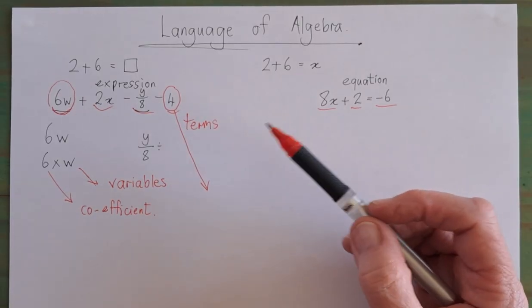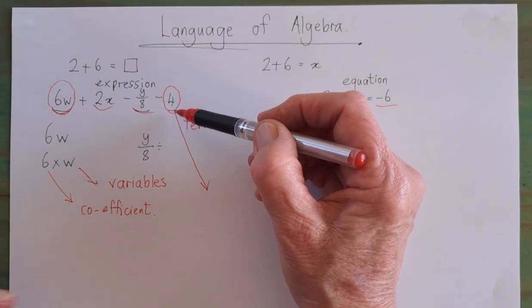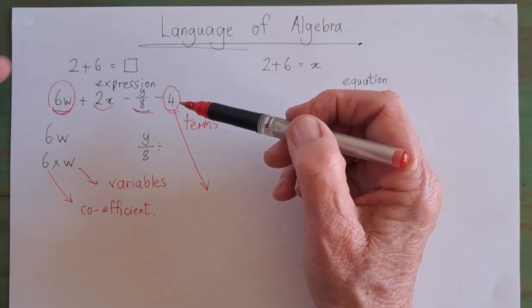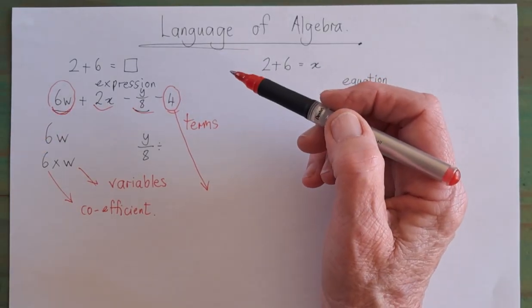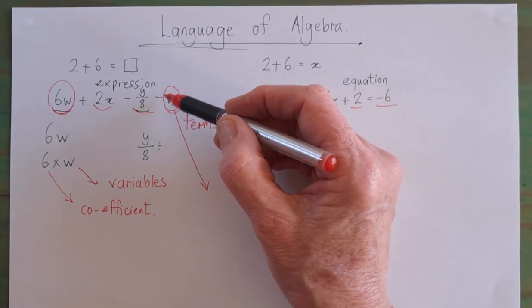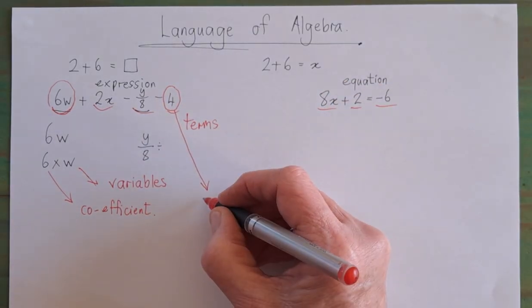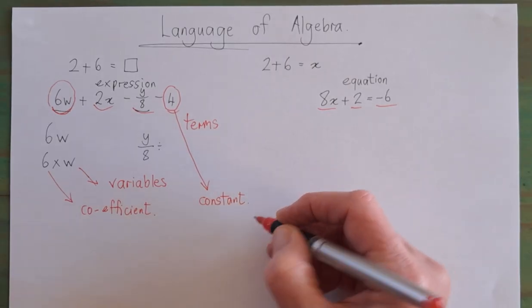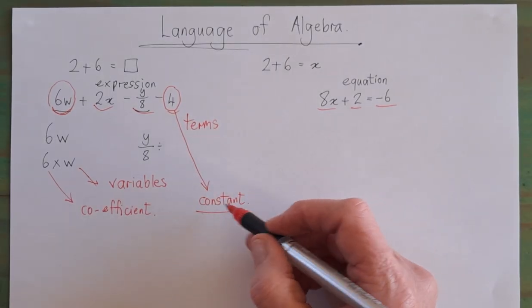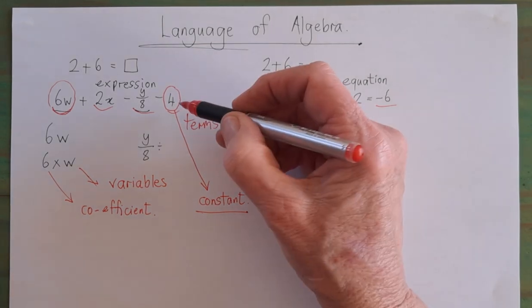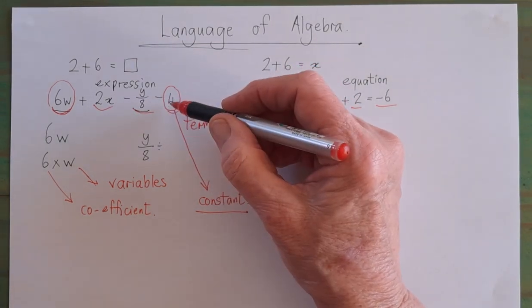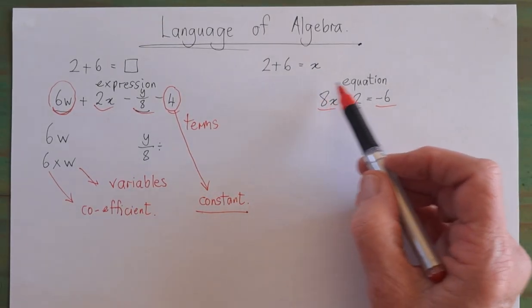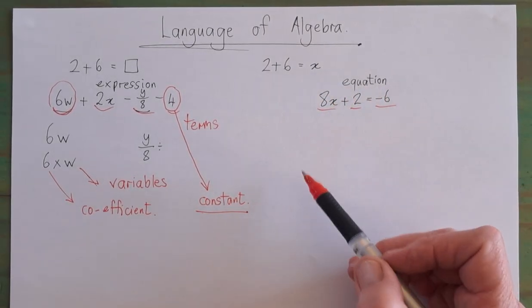There's no variable in sight, so there's nothing to affect it, like we saw with the w there. Depending on the w, the whole term would have various values. This 4 isn't affected by a variable, so its value remains constant. In other words, its value never changes, and that is why a number in an expression without a variable is called a constant.